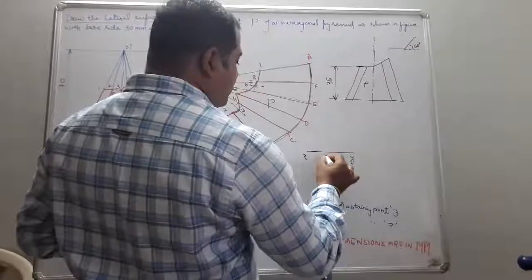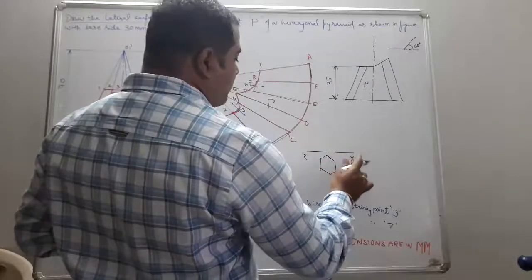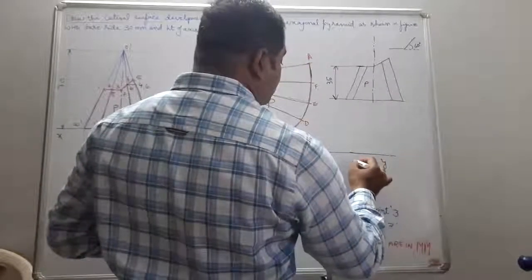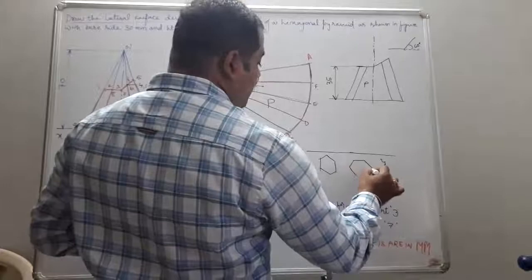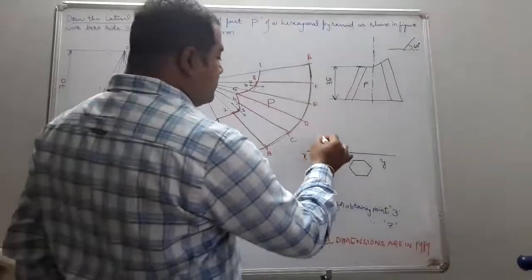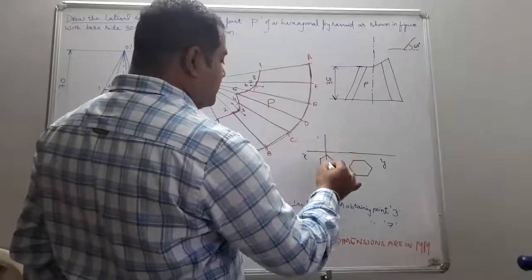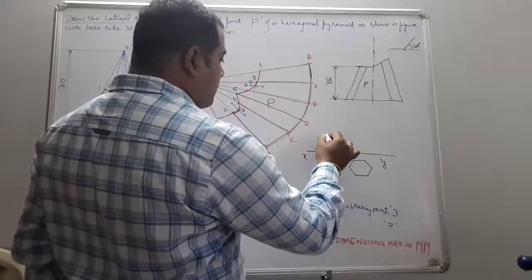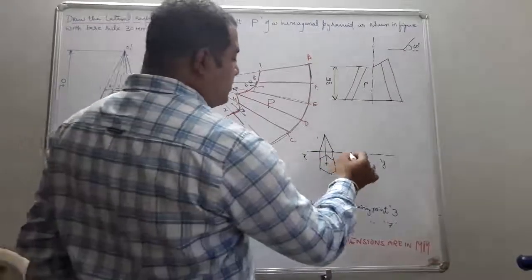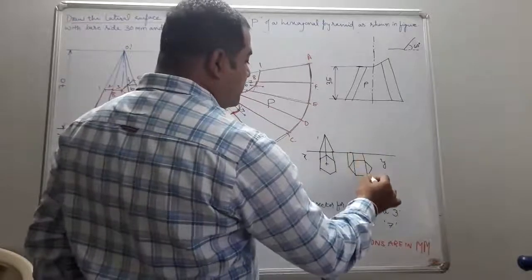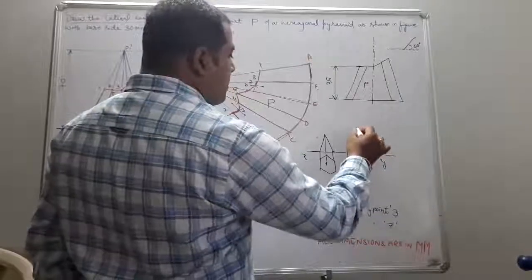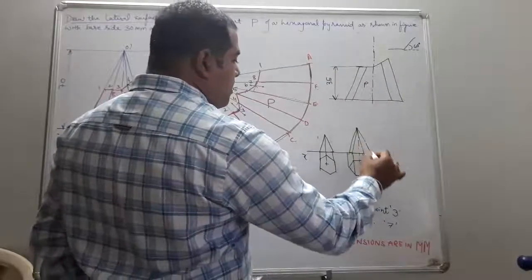If your edge is going to be like this, okay, or another condition is like this. So if you draw the front view for this, your front view is going to be obtained like this.